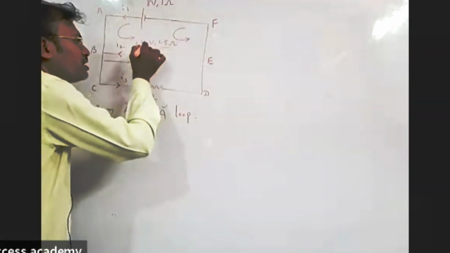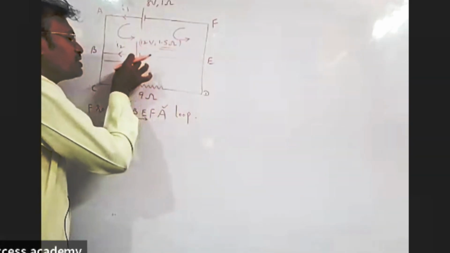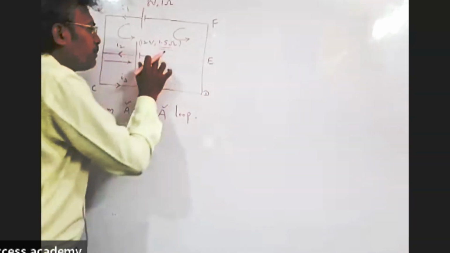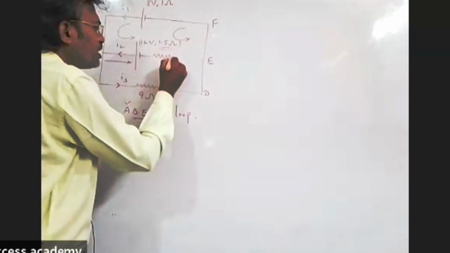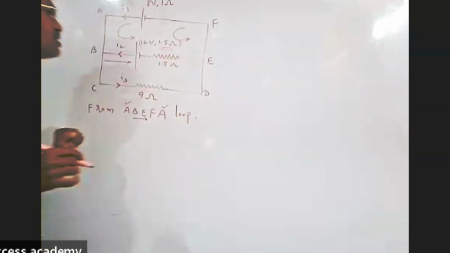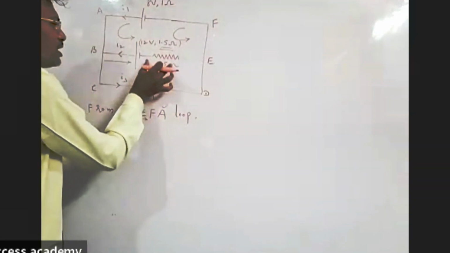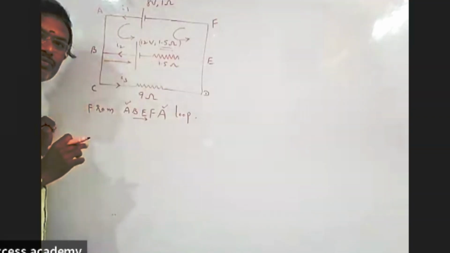If the configuration of the cell is mentioned like this, 12 volt comma 1.5 ohm, this can be represented as the cell in series with the internal resistance, 1.5 ohm. In the bracket, if they mention it, we need to assume the internal resistance in series to the cell.